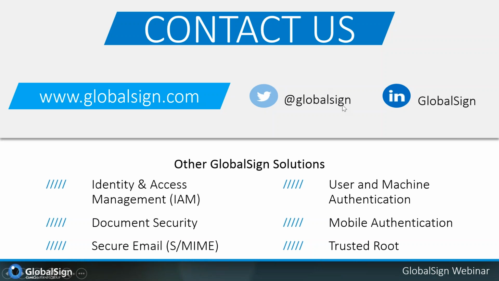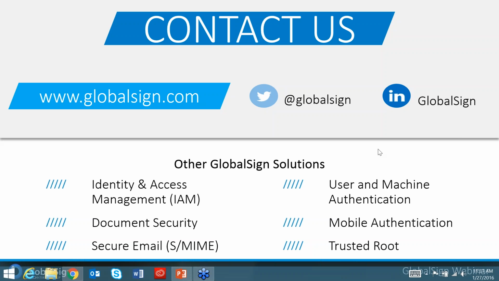Sid, our first question here is: will GlobalSign create a custom CA for us, or is that something we need to do ourselves? So yes, GlobalSign can definitely go through the process of creating your own custom CA. We work toward what we call the key signing ceremony. This is a process where we create a public-private key combination for you, and we host it on our infrastructure. The generation of these root keys, the private keys and the public key combination, requires key holders, witnesses, and legal representatives from GlobalSign to be physically present in one location.